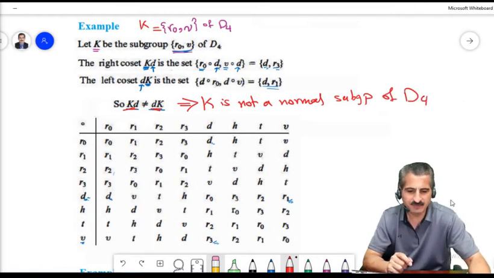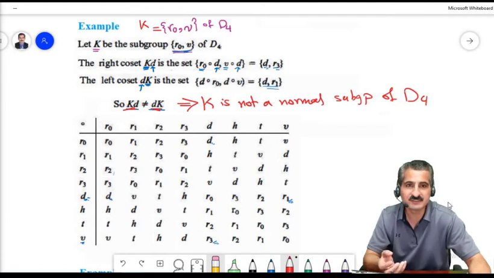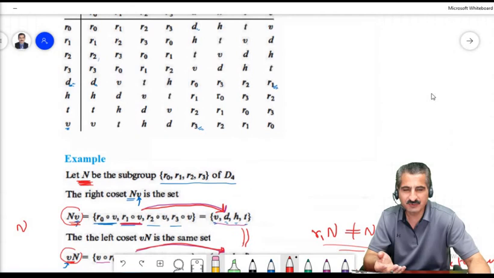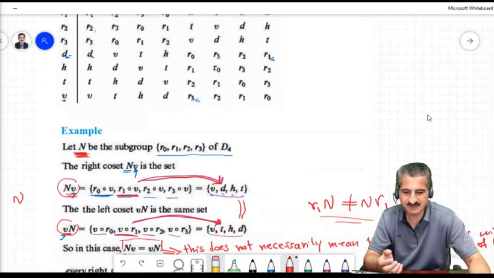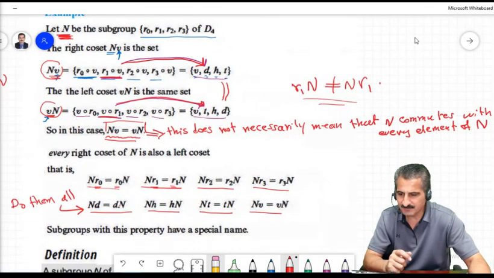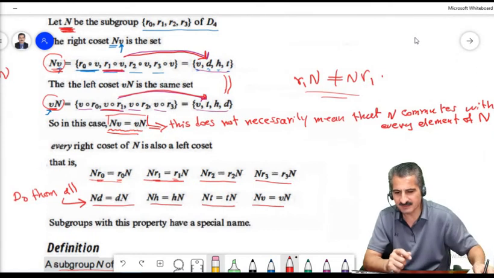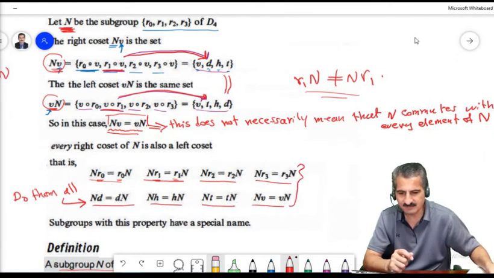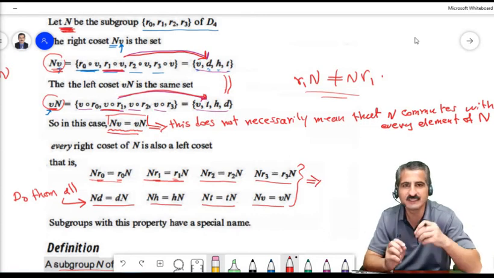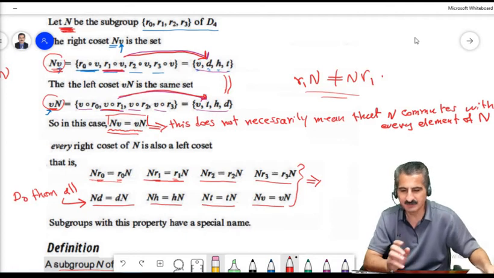Okay, now you see, when we work examples with subgroups and ask whether they are normal or not, we avoid groups that are abelian, because we know any subgroup of an abelian group is normal. That's why we are working in D4. We chose a group which is not abelian. Now in here, the left coset and right coset of N using any element in the group are equal.